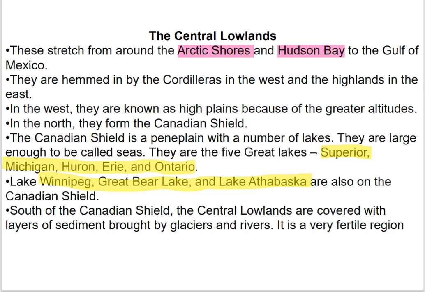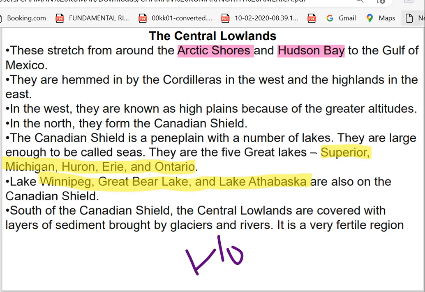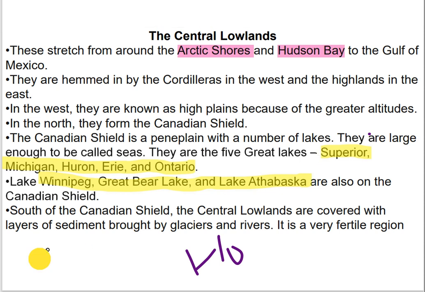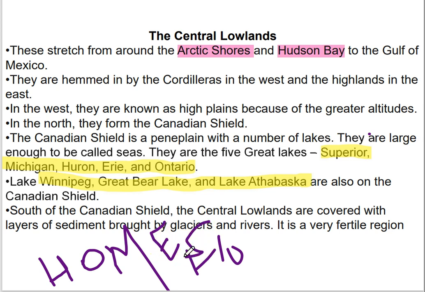We can remember them by a trick: HOMES. H stands for Huron, O stands for Ontario, M stands for Michigan, E stands for Erie, and S stands for Superior.